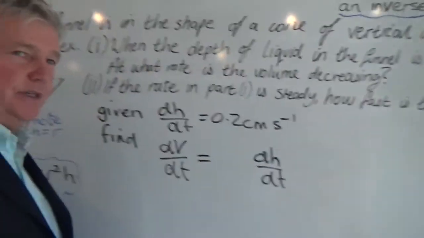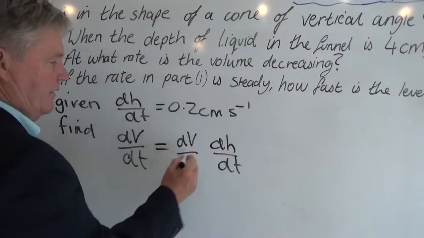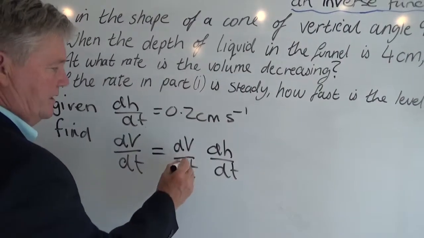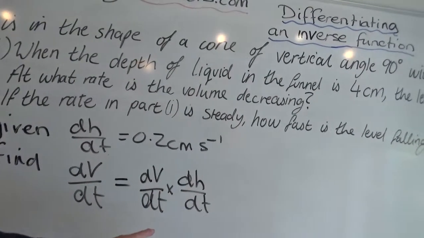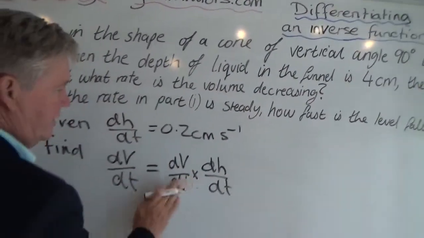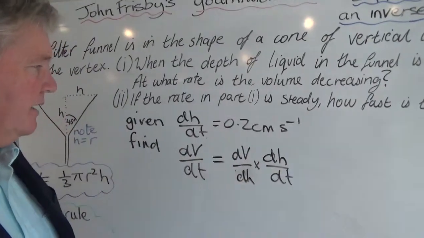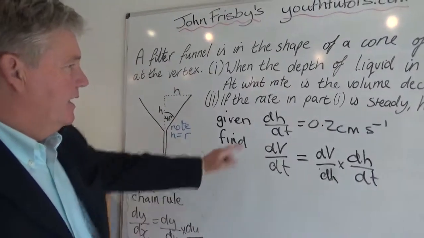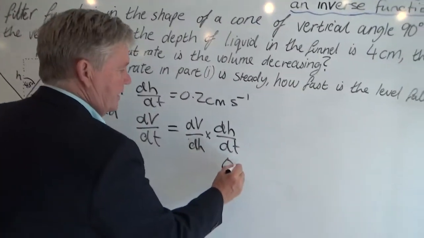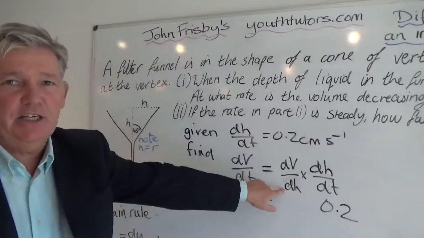I think the budding mathematicians will be able to see that if I put dV/dH in here, then the dH's will cancel out and I'll be left with dV/dt. dH/dt is 0.2, so we've got to find an expression for dV/dH.